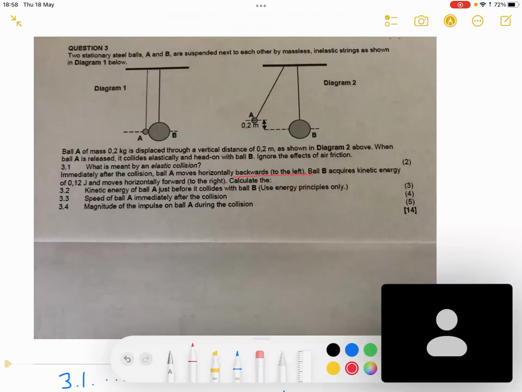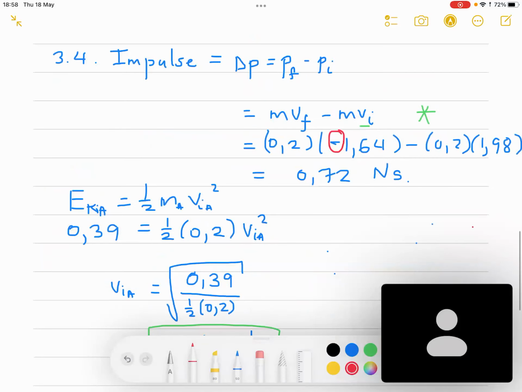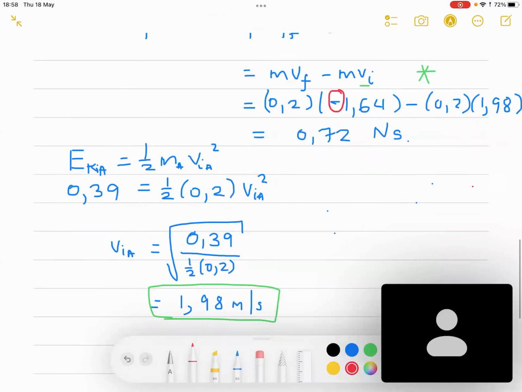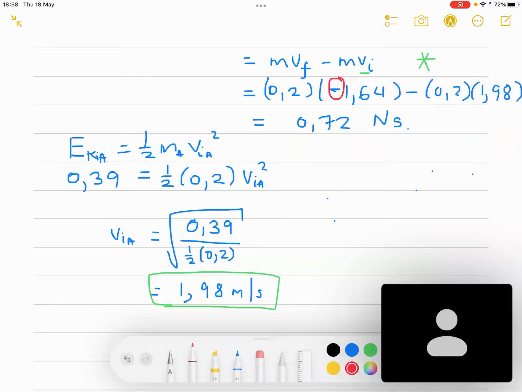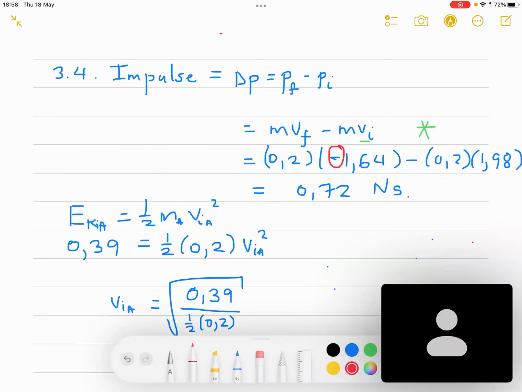Because it's backwards, it's to the left, that is why I have the negative sign here. My initial velocity is 1.98, so that's to the right, and so it's a plus sign for the 1.98. And 1.64 is in the opposite direction, so the sign is negative.